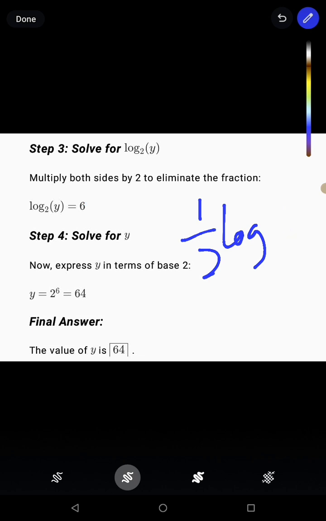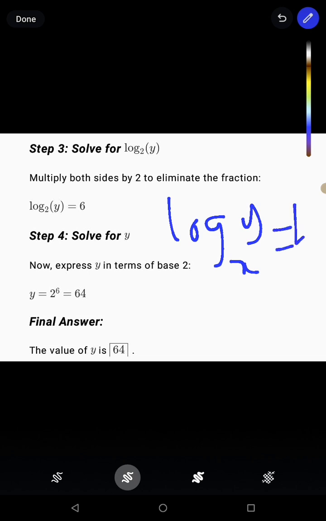If you have log y base x equals b, then definitely your y will be x raised to power b, and that's it. So the y here is going to be 2 raised to power 6, and 2 raised to power 6 is 64. So the answer to this question is y equals 64.